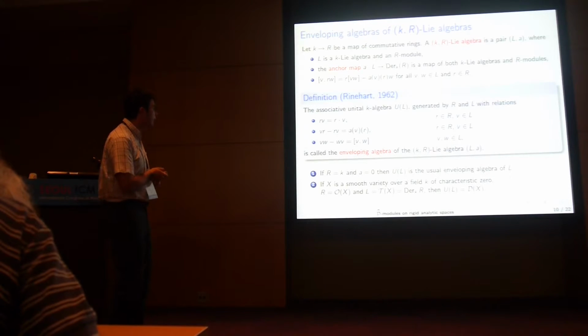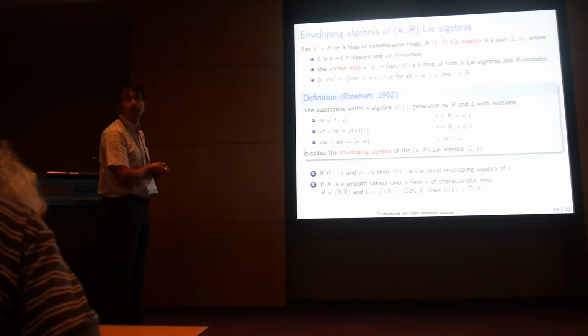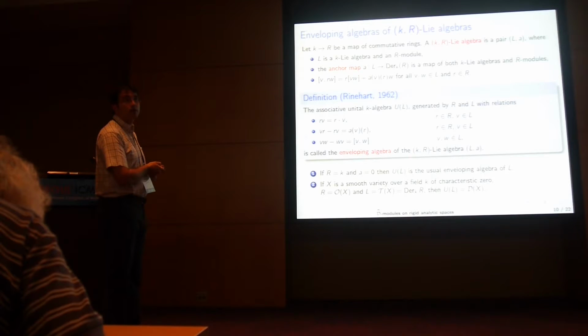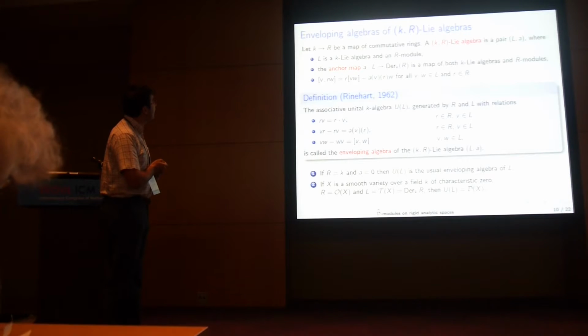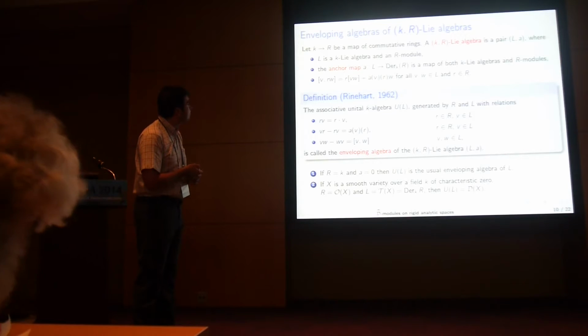And what you get then is you recover the ring of algebraic differential operators on X in this way. So this is some kind of general construction which spits out the universal enveloping algebra in the case of a Lie algebra, and the differential operators in the case where the ring R and the anchor map are not trivial.